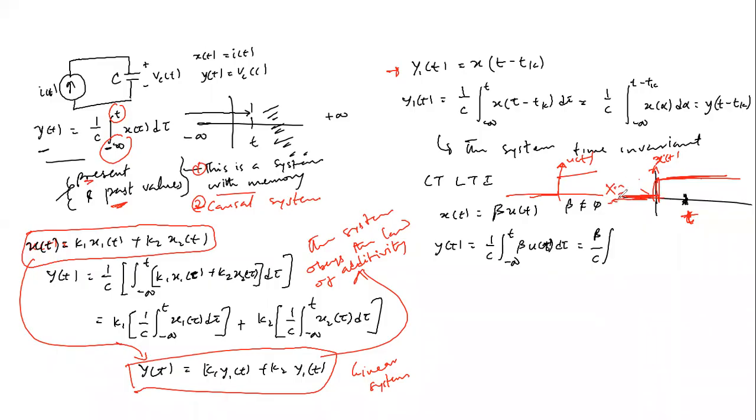So it means that from negative infinity now reduces to 0, okay? From 0 now to t, okay? So that will be the time.